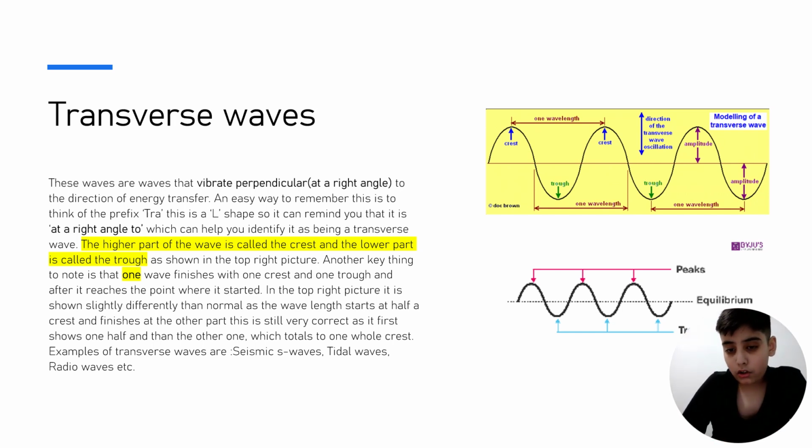The higher part of this wave is called the crest. The lower part of the wave is called the trough. These are just random names they've been given. One thing to remember is that middle line in the middle. That is the equilibrium, as shown in the picture on the bottom right.